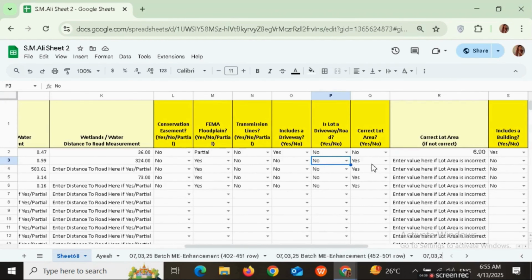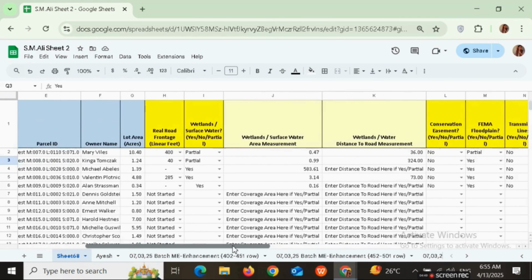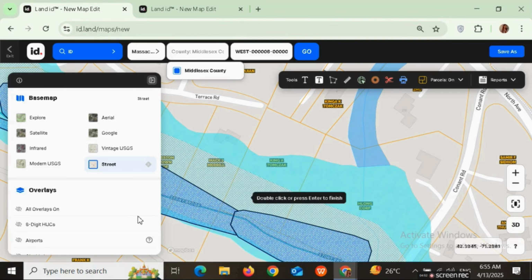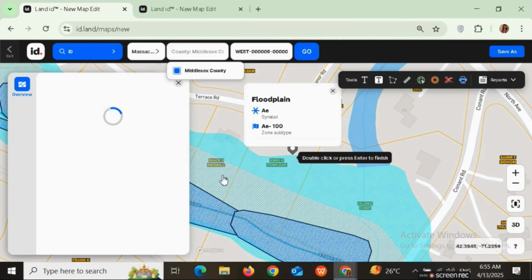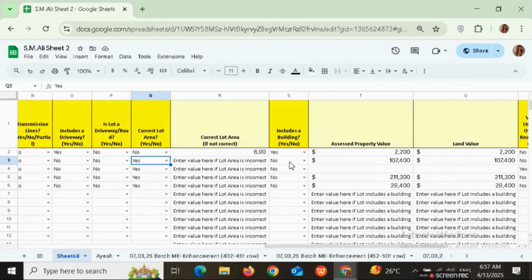Lot area is correct. The sheet has included 1.24, and the property has 1.24. Yes, it is correct. So the other column is correct lot area.